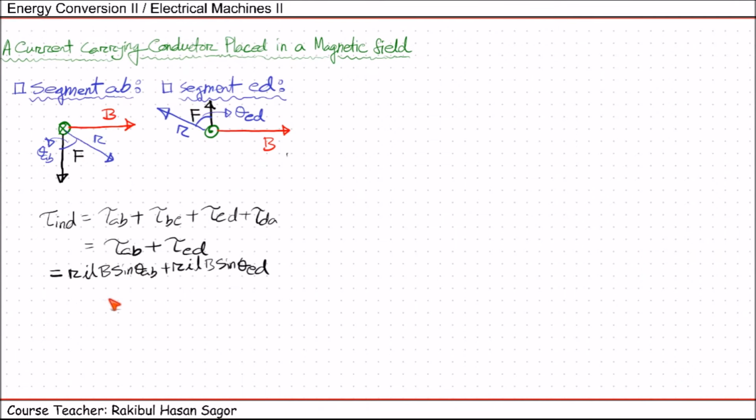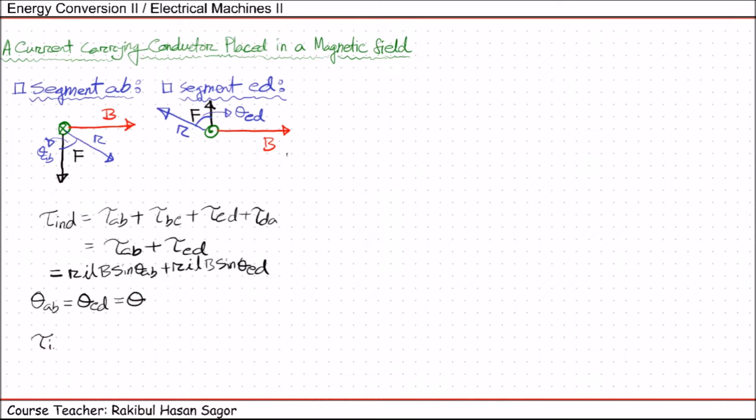Now this is what we have got as our tau induced. Here theta AB is this angle and theta CD is this angle. We can see for any position of the conducting loop, this theta AB and theta CD are equal. So we can write theta AB is equal to theta CD, which can be considered as theta.